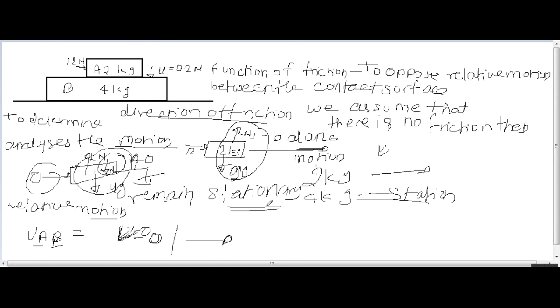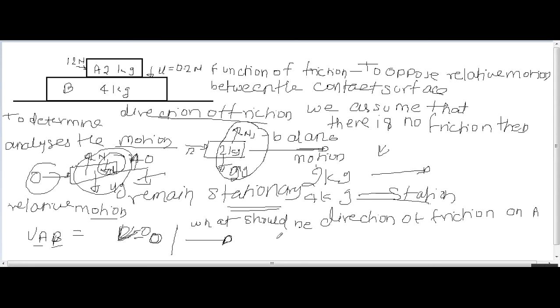What should be the direction of friction on A?